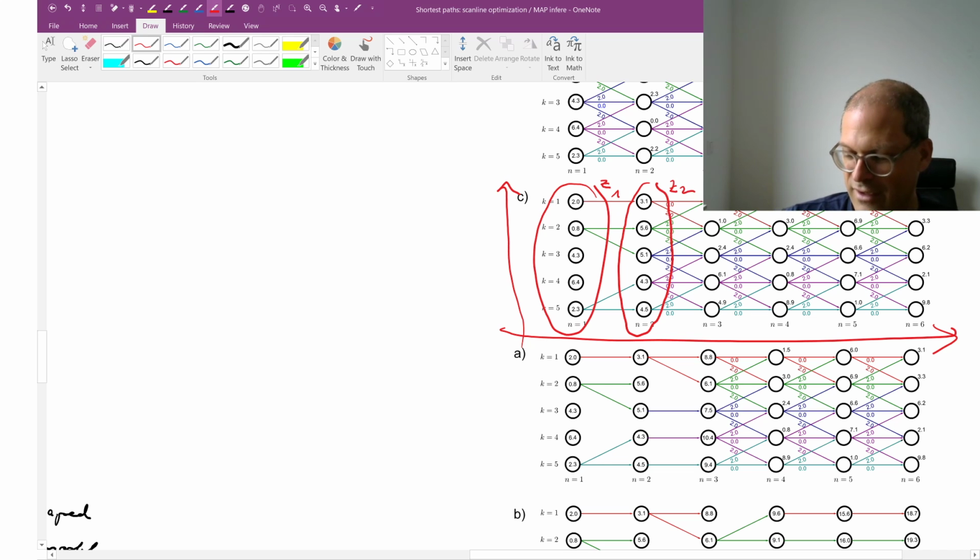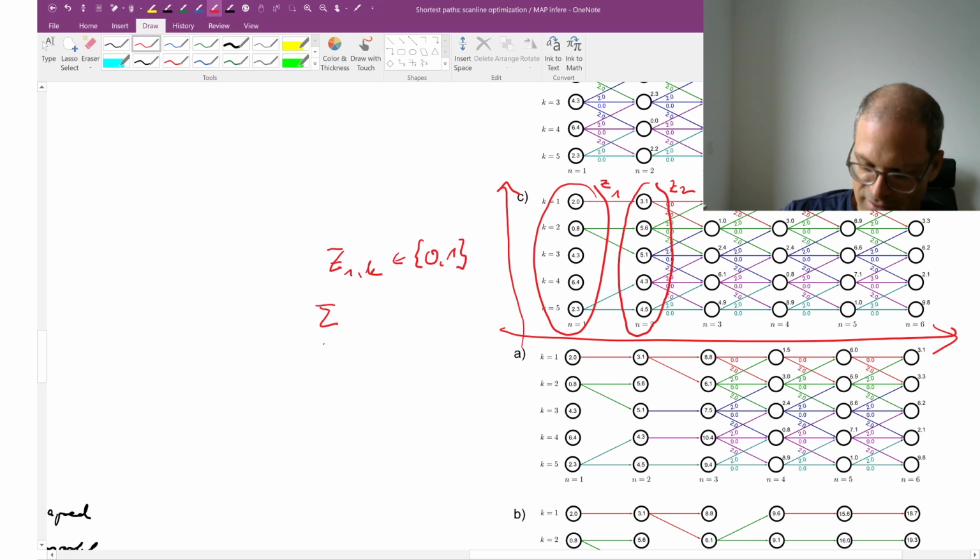And well, I can express these constraints. For example, I could say that each element shall be 0 or 1, and I can say that summing over all these different states here should be 1.